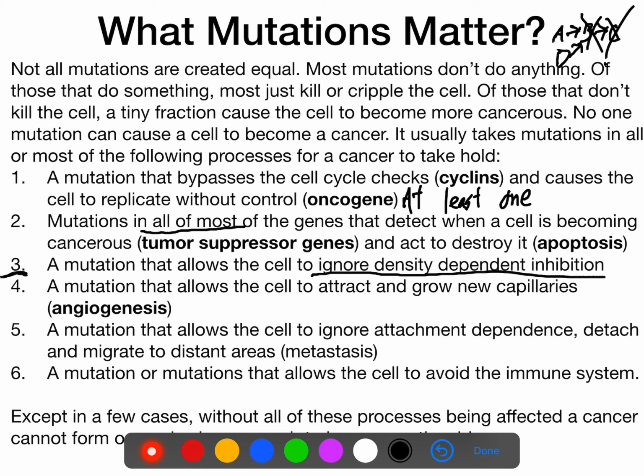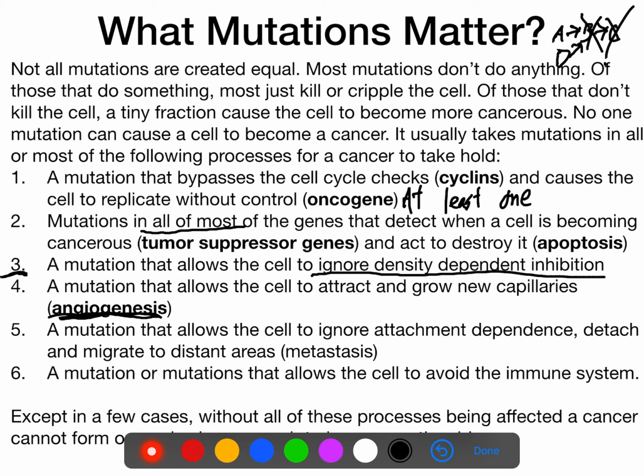So it can only get so big. It can only get big enough that oxygen can reach most of the tumor. So it will naturally have a limit on its growth due to lack of oxygen. So we're going to need another mutation.